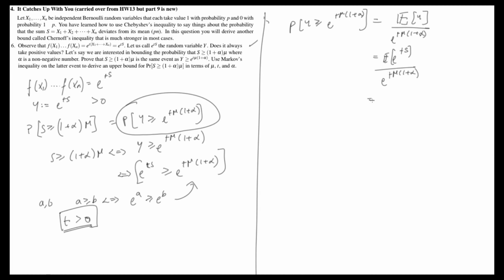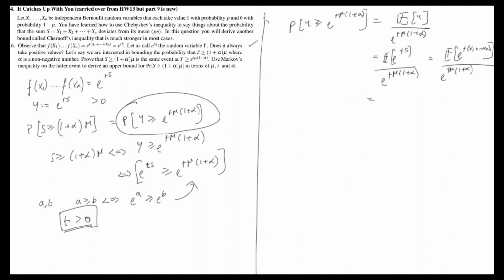Now this, which we showed in the previous question, is the expectation of e to the t times x1 all the way till xn, over e to the t mu times 1 plus alpha.